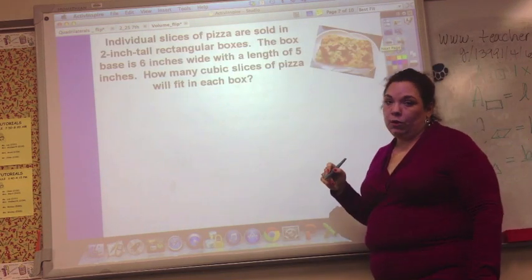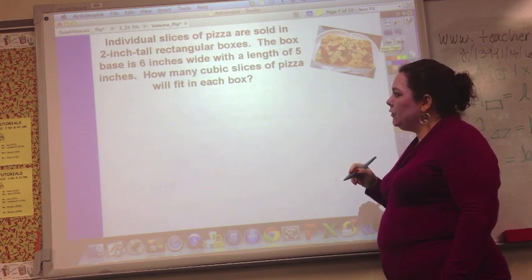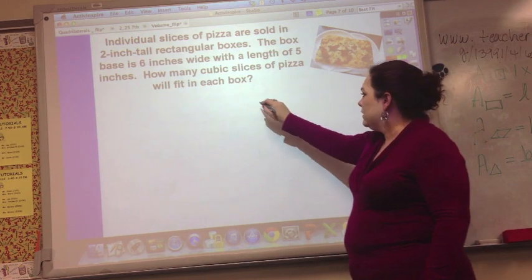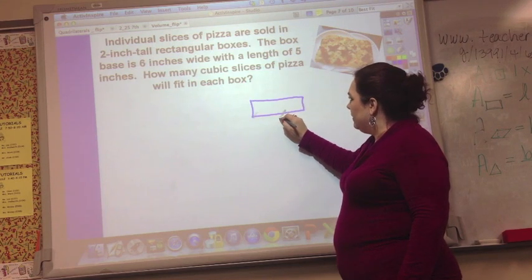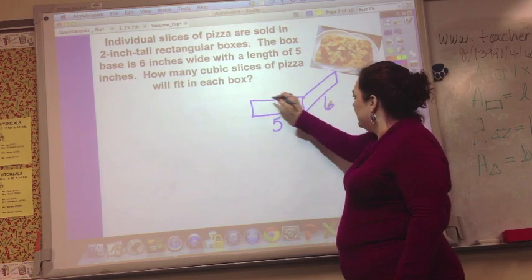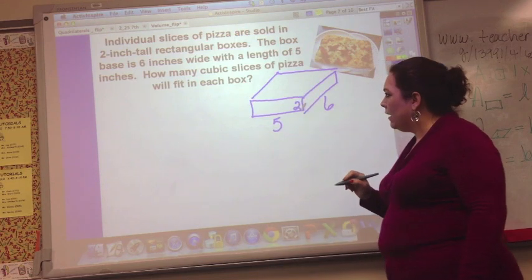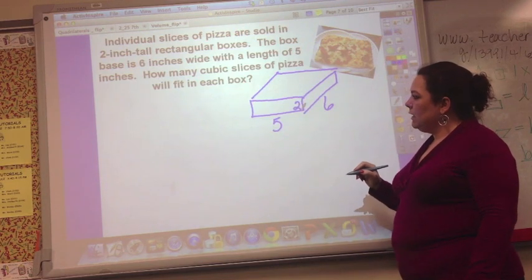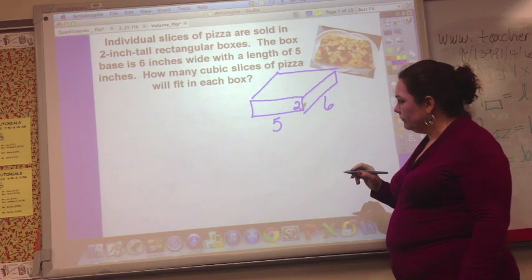Then you're going to see these in word problems. This says individual slices of pizza are sold in 2-inch tall rectangular boxes. The box base is 6 inches wide and the length is 5 inches. So if I were to draw this, this would be 5, and this would be 6, and the height is 2. Okay? So it says how many cubic slices of pizza would fit in each box?